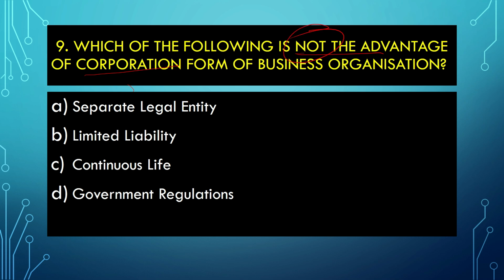You will see that the government regulations in corporations are not an advantage, because there are too many regulations, too many laws, and too many formalities, and that's why the creation of a corporation becomes very difficult. That's why this will not be an advantage. In fact, it is a disadvantage of the corporation form of business organization.